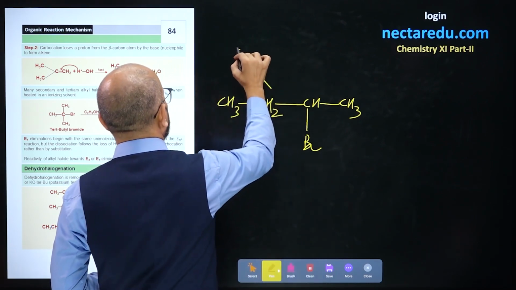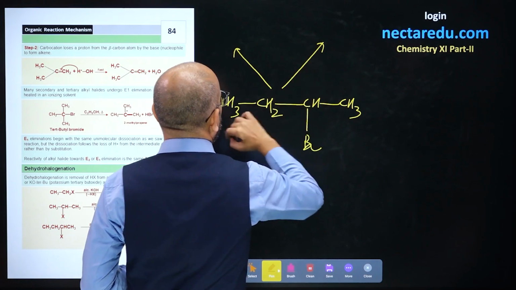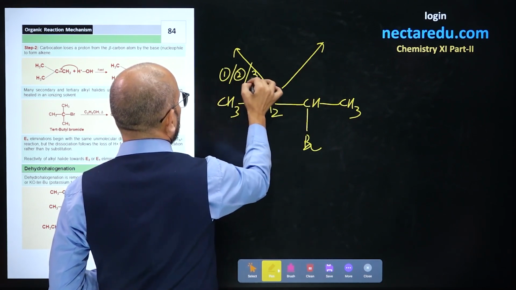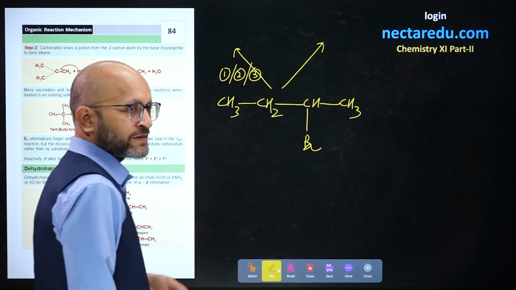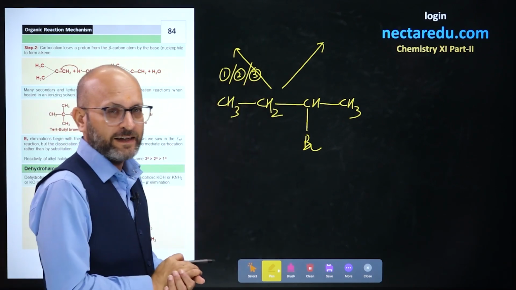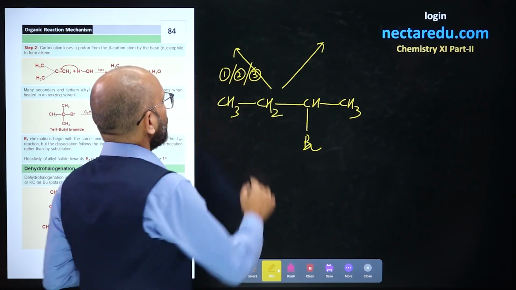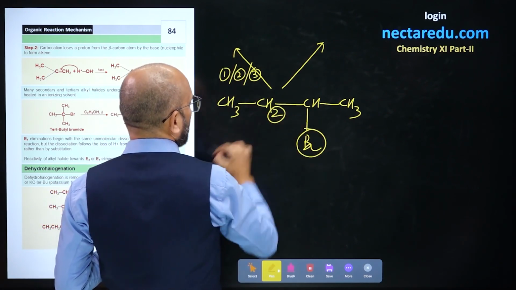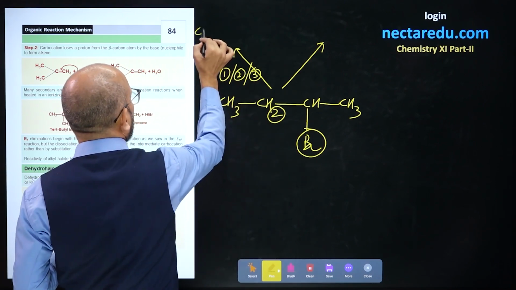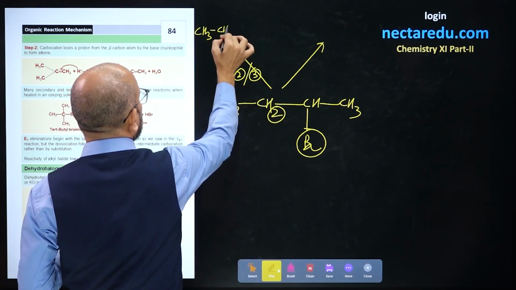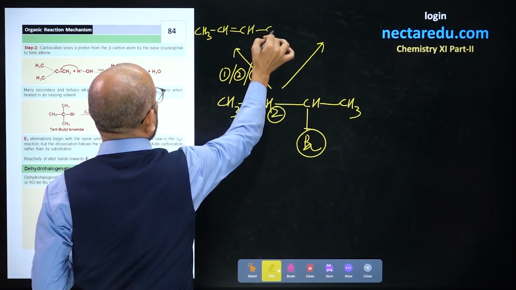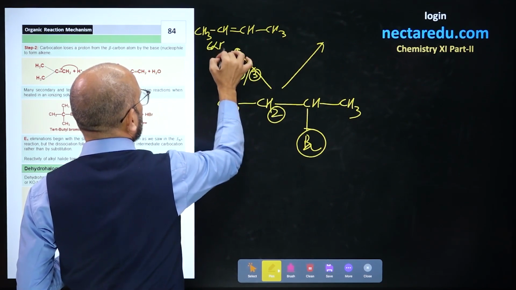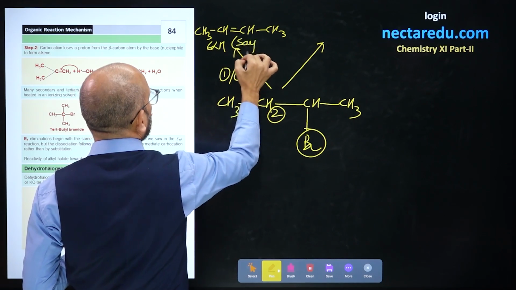If I take any of the first, second or third reagent, alcoholic KOH, ethoxide or methoxide, along with NaNH2, the major product is formed when Br is removed from here and H is removed from here, and the product will be CH3, CH double bond CH, CH3. This has 6 alpha hydrogens. It is known as Saytzeff alkene.